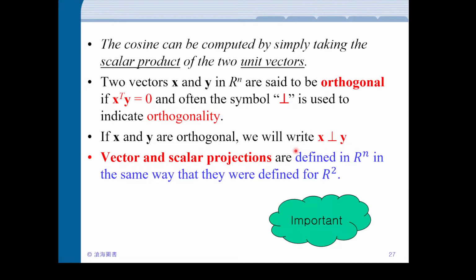So this is extra notation. And also we have vector and scalar projection, and we don't write down the detail. I guess we can write a little more. So once again, alpha equals U^T X, and P, these two are vectors.